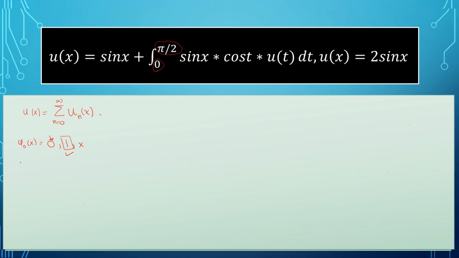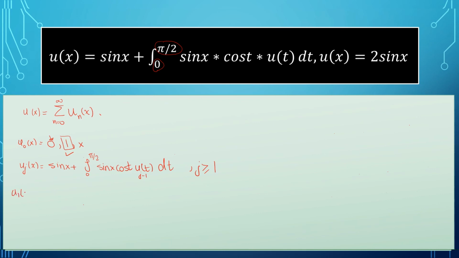And to get the rest, we write the recurrence relation, which is uj of x equal to sine x plus the integration from 0 to pi over 2 sine x cosine t u of t with an index which is j minus 1 dt, where j is greater than or equal to 1.